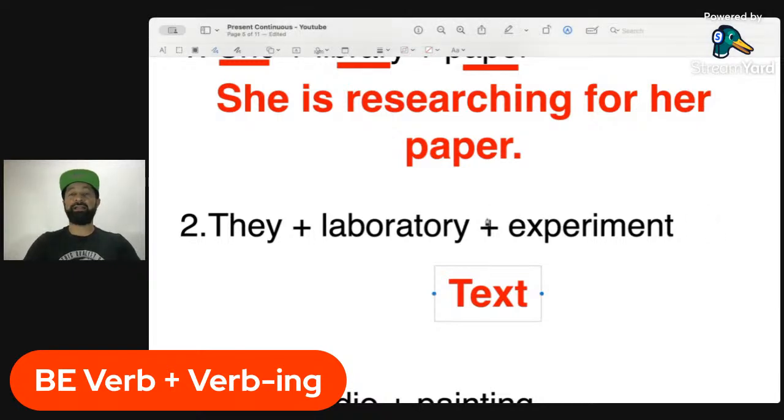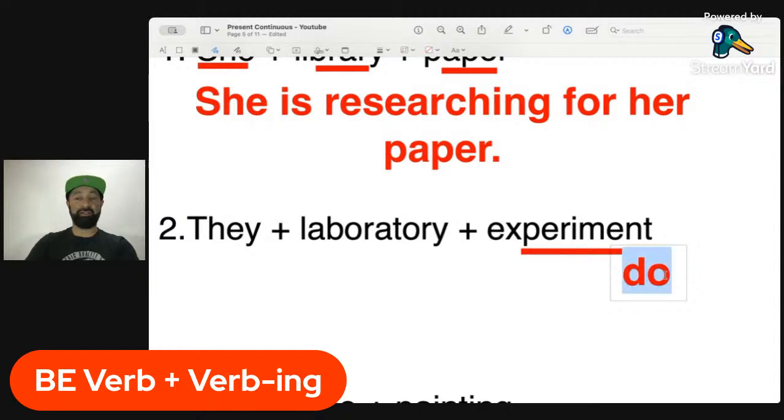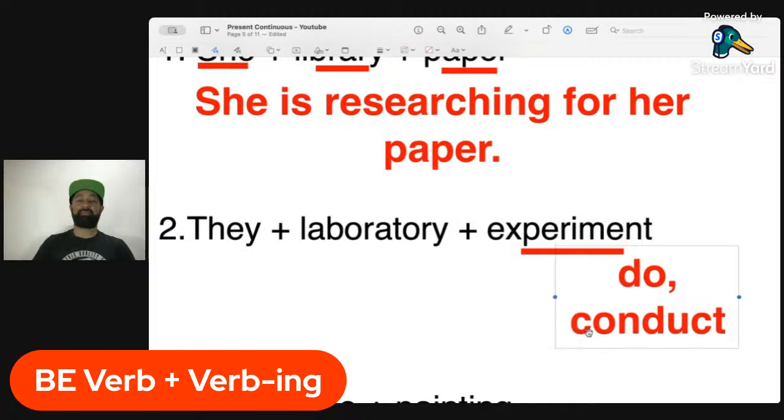For any time you see experiment, the most common verb is going to be do. If you want to have a little bit more difficult English, then you could say conduct. So they are doing an experiment. They are conducting an experiment.